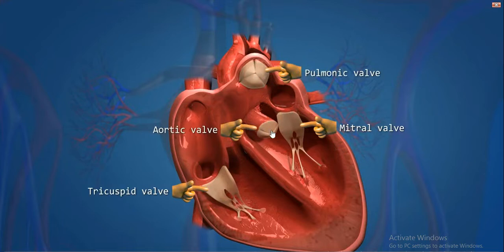They start especially in the aorta and the pulmonary arteries, at the starting places of those. The action of these four types of valves is very important when blood flows inside the heart.